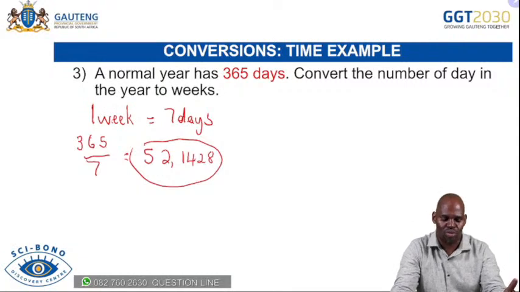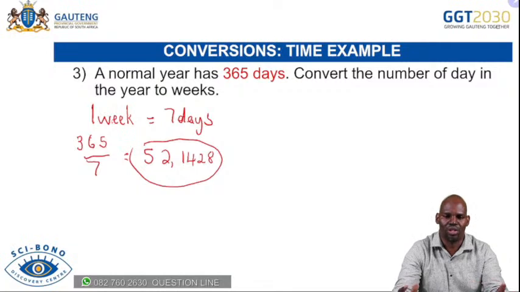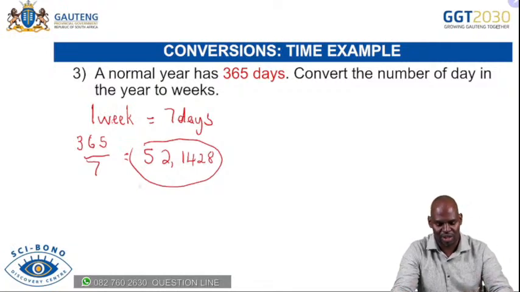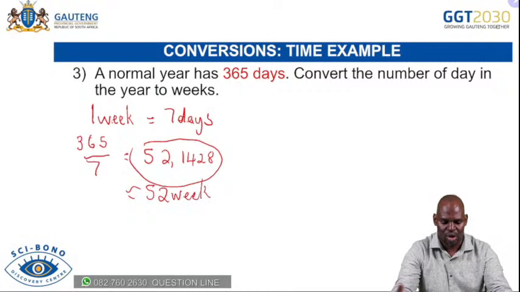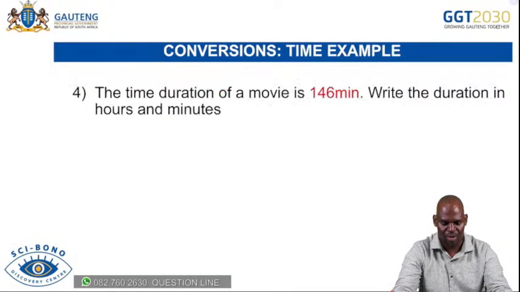So 52 weeks is a rounded off value. It might not be exactly 52 weeks. It might be 52 weeks, maybe 1 day or 2 days. But when you round it off, you get exactly 52 weeks. So even if you use cross multiplication, the answer must still give you about 52 weeks.